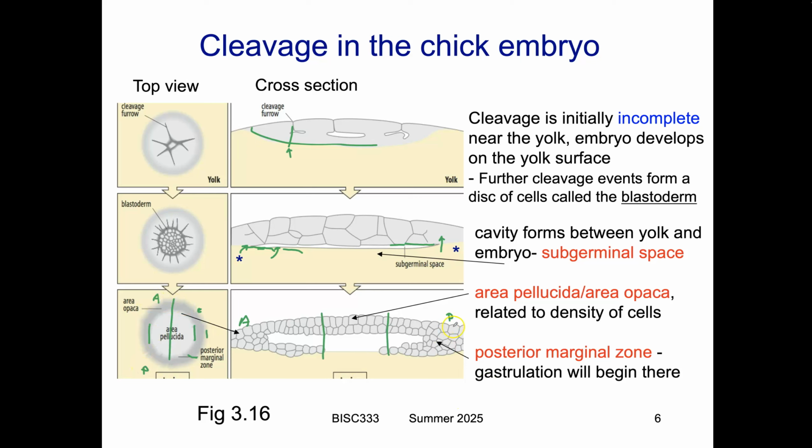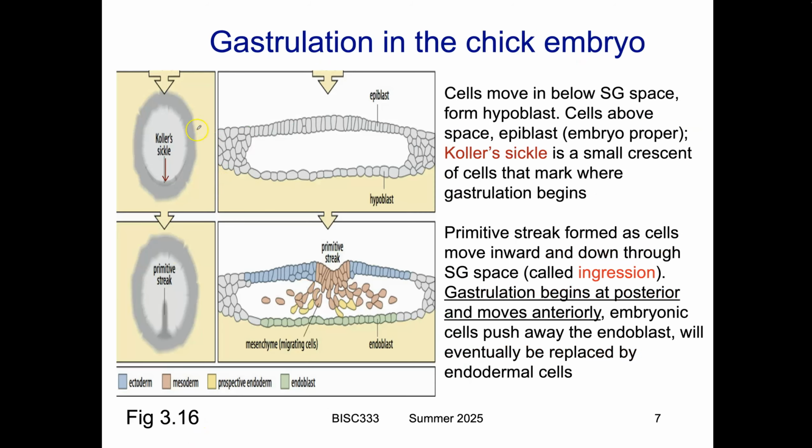In the posterior of the whole little blastoderm, right in the area pellucida, the cells kind of thicken up here, and this is where gastrulation is going to be initiated. At a slightly later stage, we've got a single layer of cells up above and a set of cells that are thicker on the sides, so that's what the area opaca looks like.